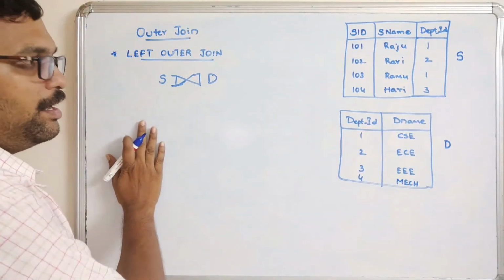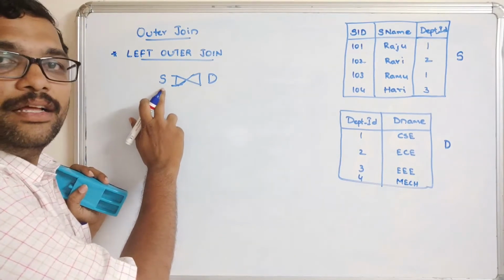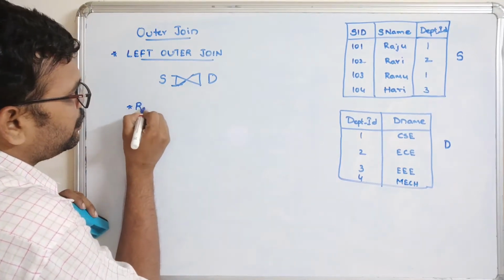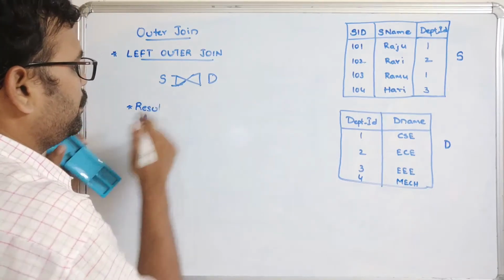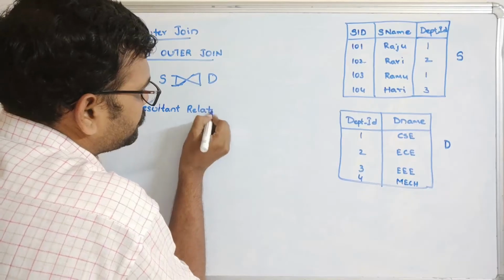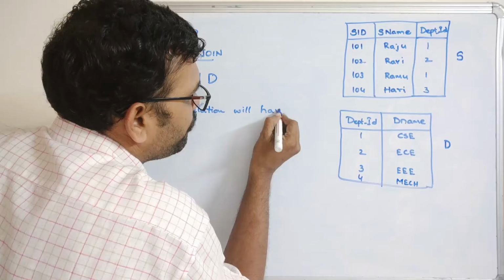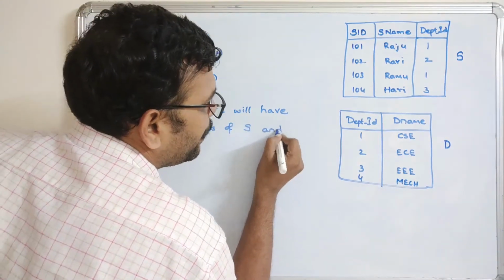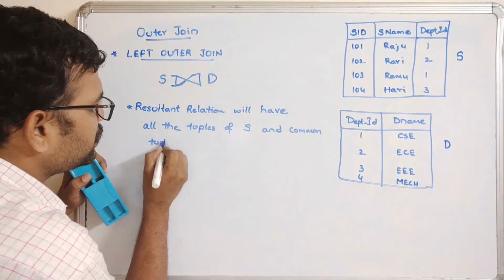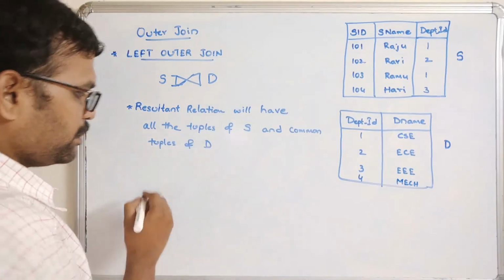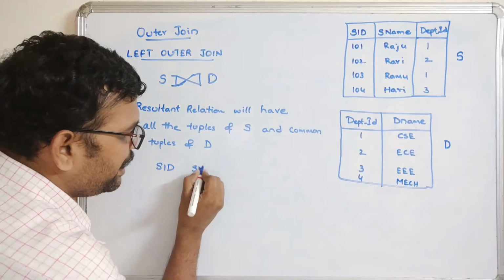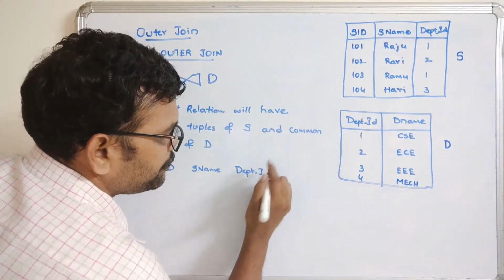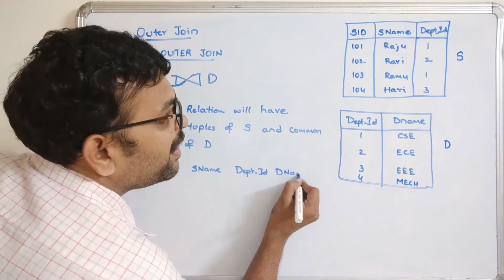That means in the resultant we have to consider all the tuples of the left relation, that is S, and the common tuples of D. So the result relation will have all the tuples or records or entities of S and common tuples of D. First let us write S ID, S name, D department ID, and then department name, right?